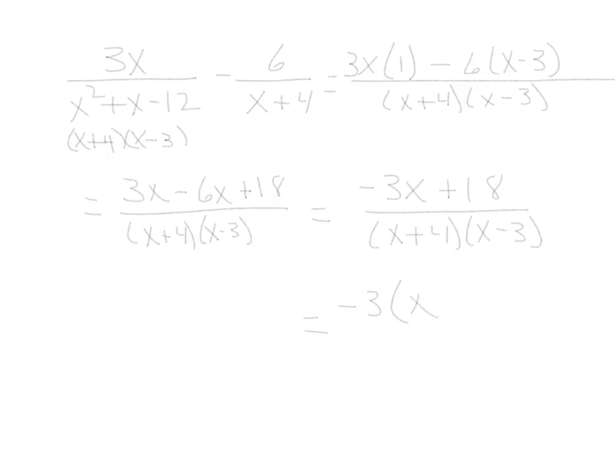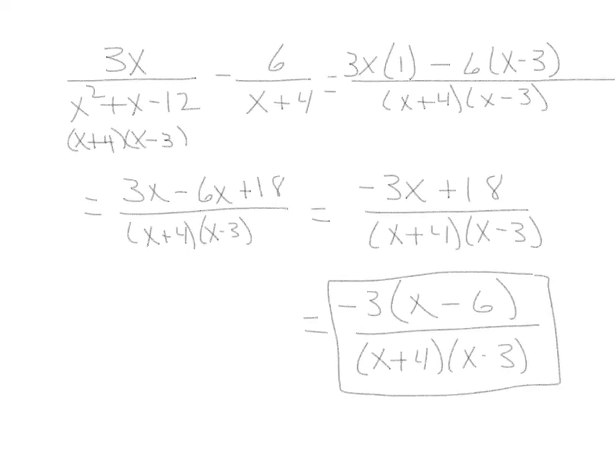When you factor a negative 3, it changes it back to a minus 6 over our denominator, x minus 3. Now, look and see, is anything able to cancel out? There is nothing the same, so therefore we would have our answer. Had there been something the same on top and bottom, we would have canceled those factors out.